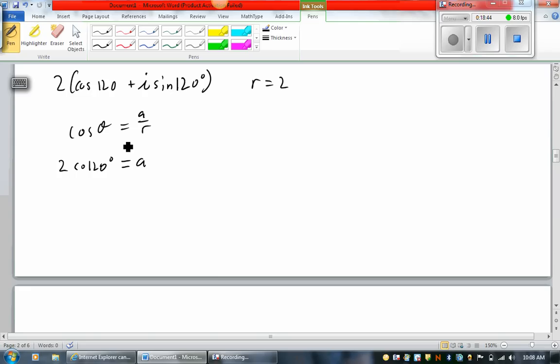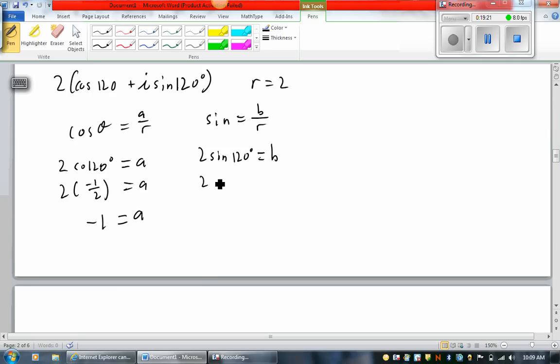I did that cross multiplication. So 2 times the cosine of 120 degrees is 2 times a negative half. Remember to watch your signs very carefully in this. So negative 1 equals a. We use the same line of thinking, remembering that sine is b over r. Bring this over here, we have 2 times the sine of 120 degrees equals b.